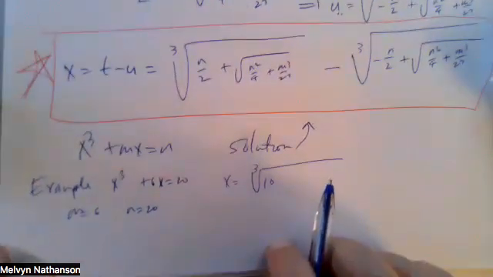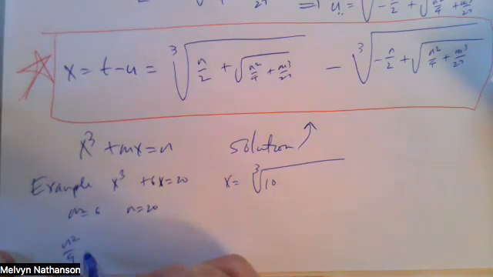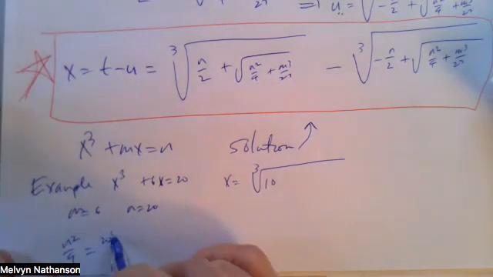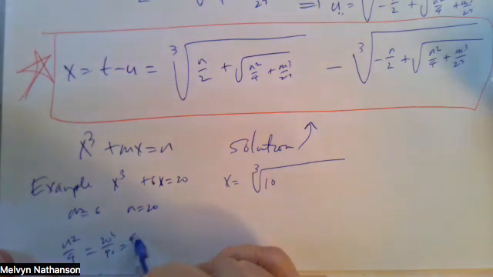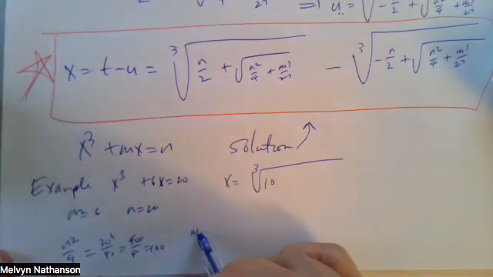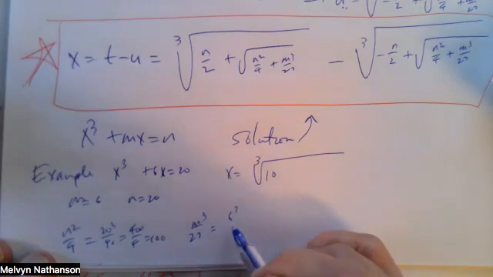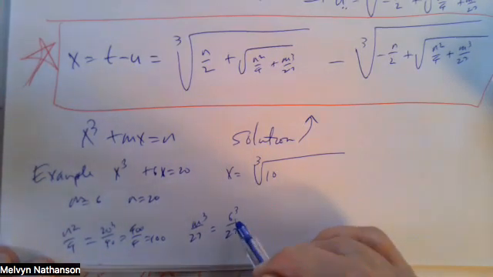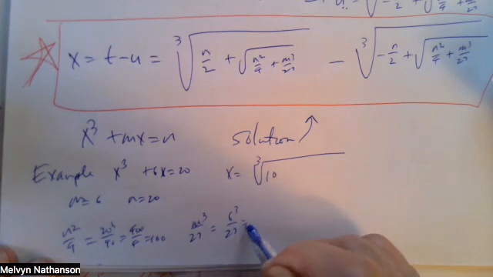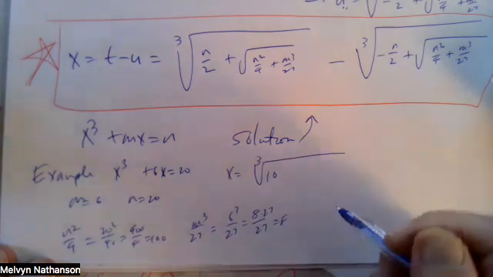Let's see. n squared over 4 is 20 squared over 4, is 400 over 4, is 100. m cubed over 27 is 6 cubed over 27. 6 cubed is 3 cubed times 2 cubed. This is 8 times 27 over 27, or 8.